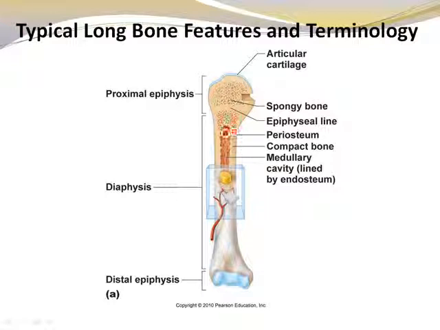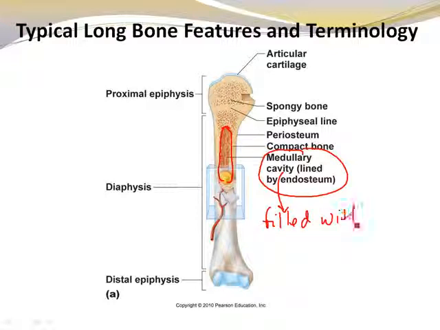Notice the center of this long bone is hollow in the middle. That hollow portion is called the medullary cavity. And the medullary cavity is going to be filled with marrow. Very early in life in long bones, that marrow will be red marrow.